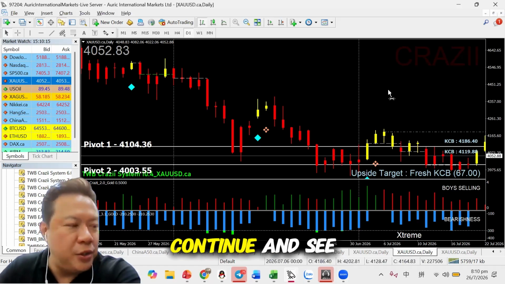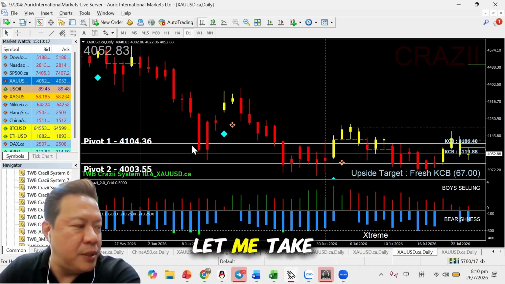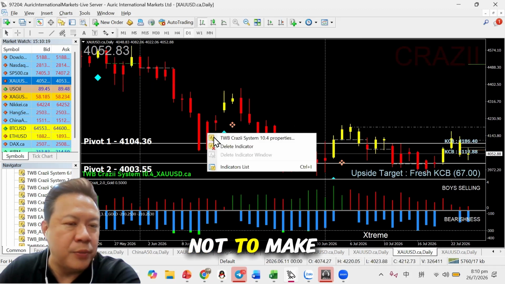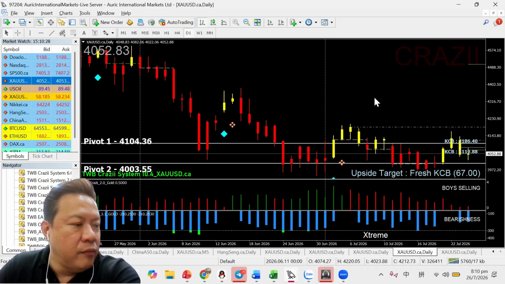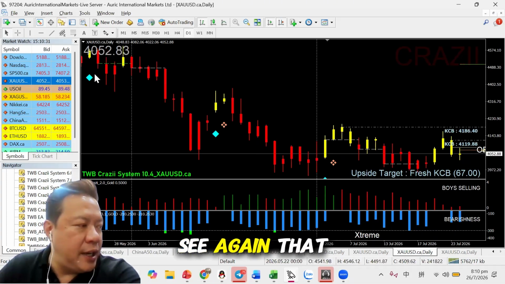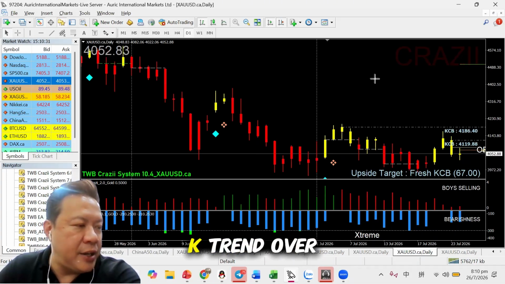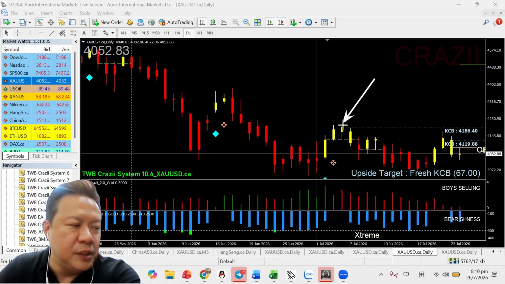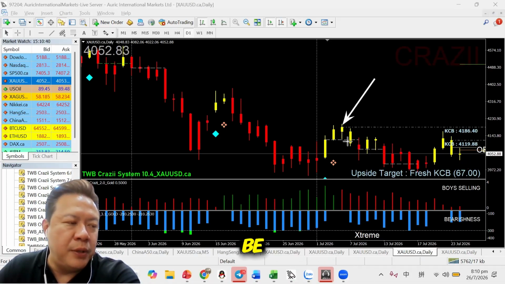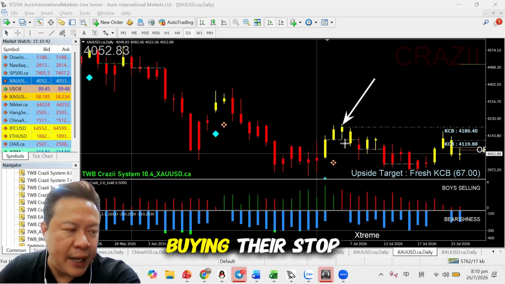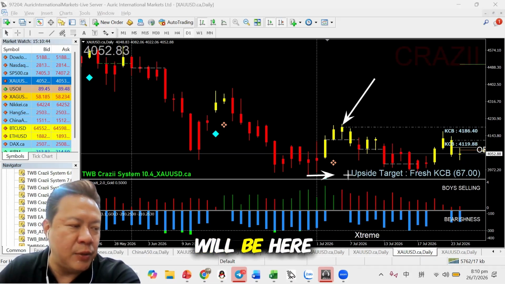Okay, so let's continue and see what happened over here. Let me take away the pivot first, so as not to make you confused. Okay, so you can see again that there is a K trend over here. So obviously it's out, right? People who will be buying, their stop loss most likely will be here.